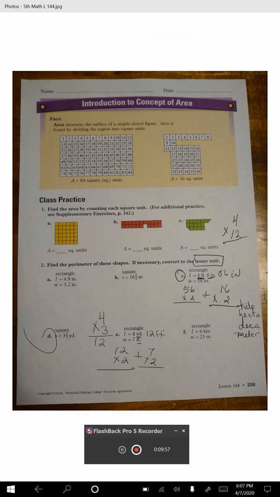We're going to multiply the 6 times something. How many steps from kilometer to meter? 1, 2, 3. So you could do that times 3 zeros there is 1,000. Or just add 3 zeros to the 6 and you get 6,000 meters.